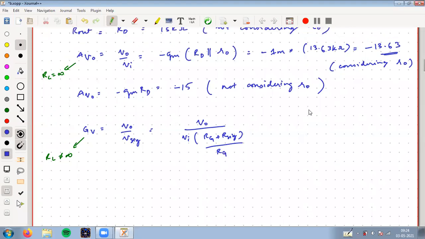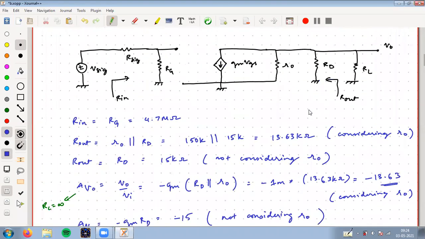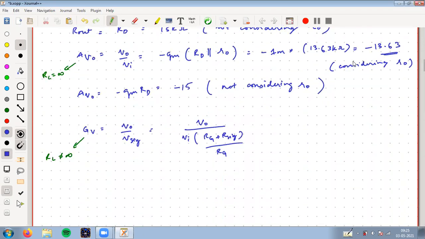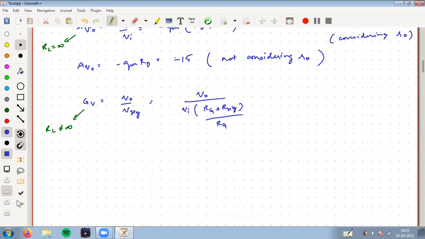Now how did I get this? This is Vi. Vi and V signal, Rg and R signal are a voltage divider, right? So I can write Vi as V signal divided by R signal plus Rg into Rg. So that is what I've written. So this is AV into Rg by Rg plus R signal.